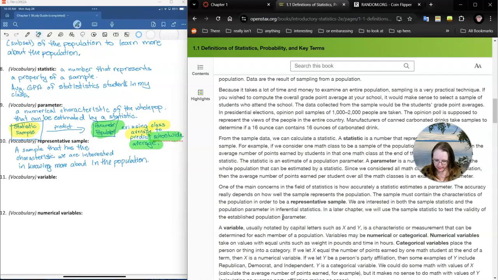So numerical values, I think for my purposes, I would say that they, what does it say? How do I want to say it? Variables that can be measured in, what did it say?